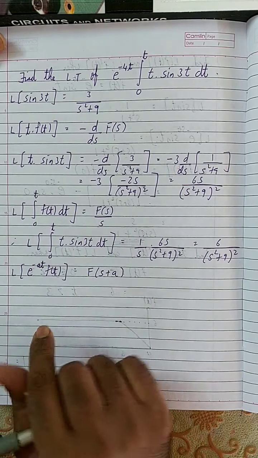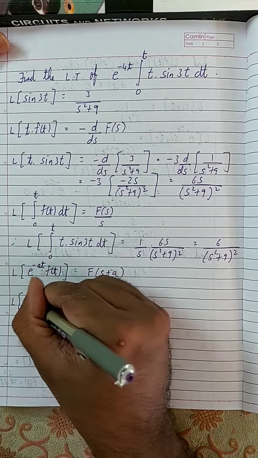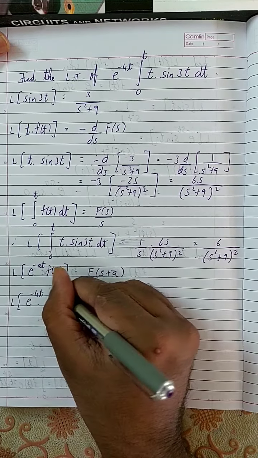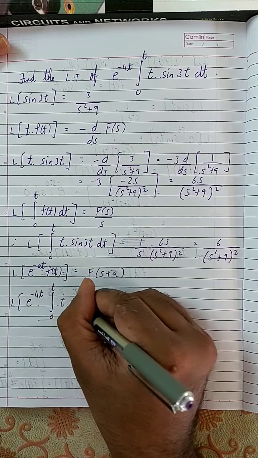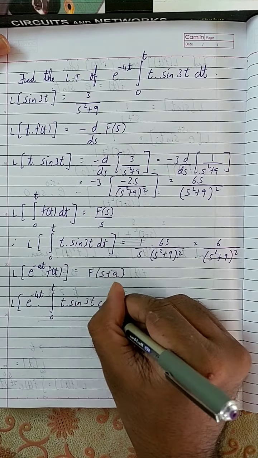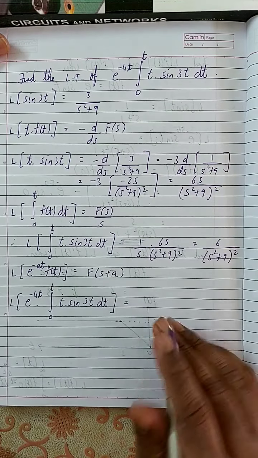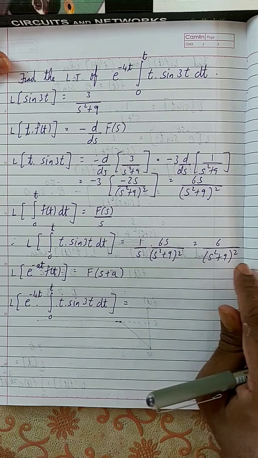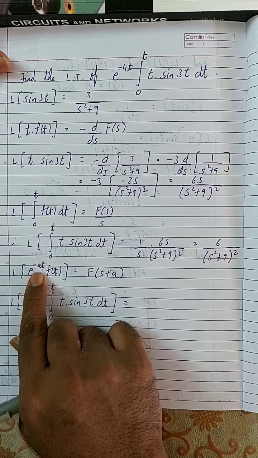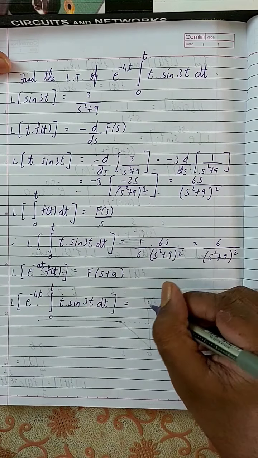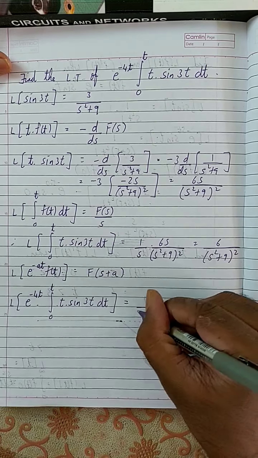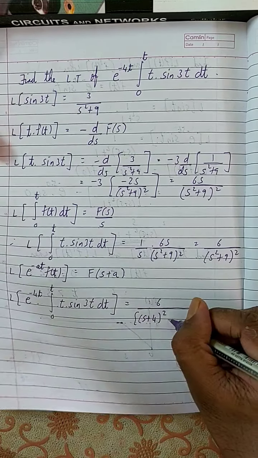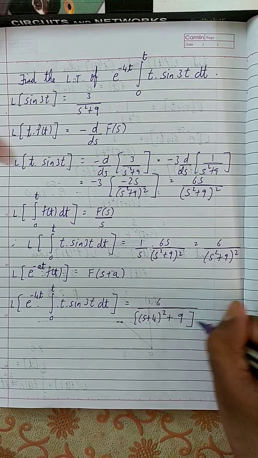So the Laplace transform of e raised to minus 4t into the integral 0 to t of t sine 3t dt is F of s plus a, which means replace every s with s plus a. Here the value of a is 4. So this is nothing but 6 by s plus 4 the whole square plus 9 the whole square.